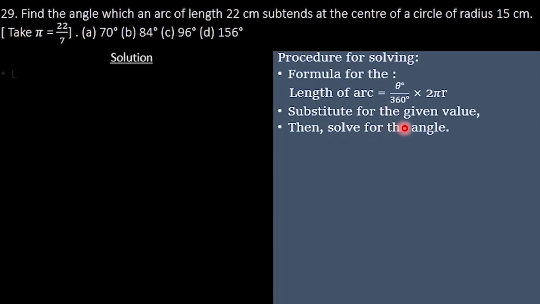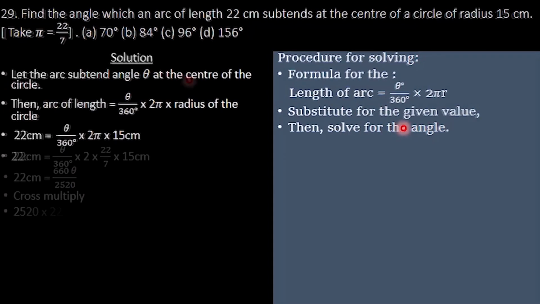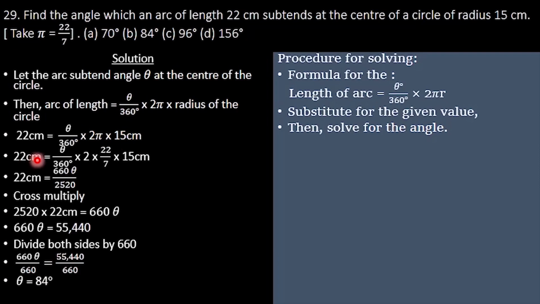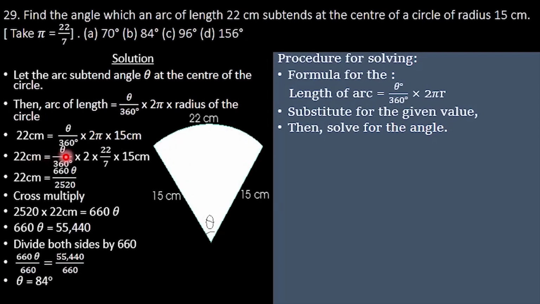The solution now: arc length is equal to theta over 360 degrees times 2 pi times the radius of the circle. We now have 22 cm equals theta over 360 degrees times 2 pi times 15 cm. You now have 22 cm equals theta over 360 degrees times 2 times 22/7 times 15 cm.